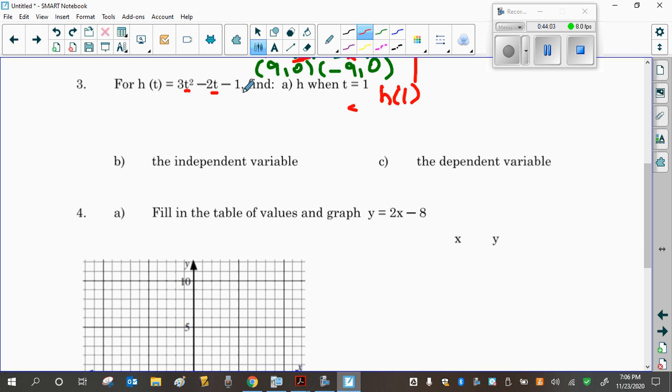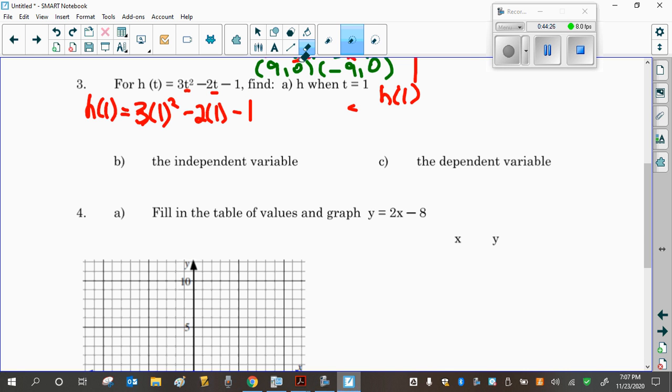Put 1 there, I put 1 there, I put 1 there. So h of 1 equals 3t squared becomes 3 times 1 squared minus 2 times 1. Subtract 1. Sorry, I'm not sure why I underline this. Please don't underline that.